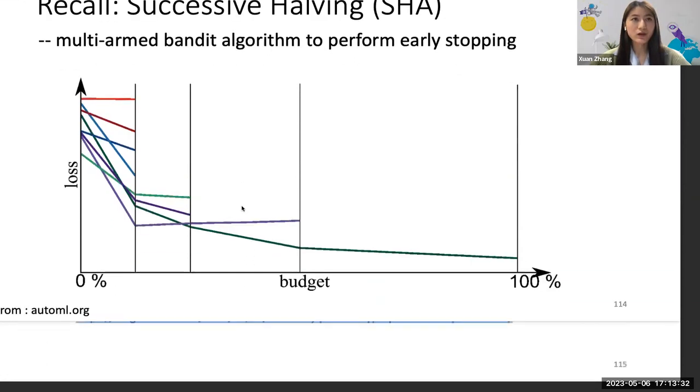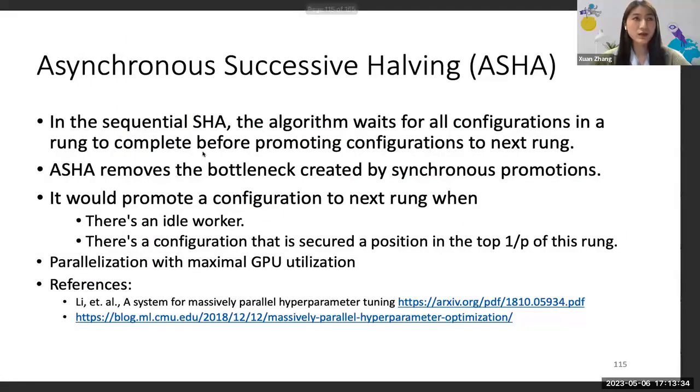In sequential successive halving, the algorithm waits for all configurations in a rung to complete before promoting any of them to the next rung. ASHA, on the other hand, removes this bottleneck by allowing asynchronous promotions.